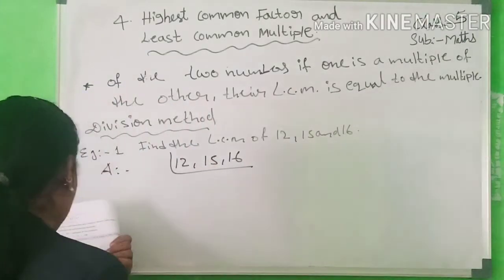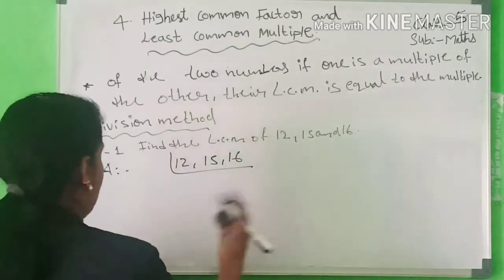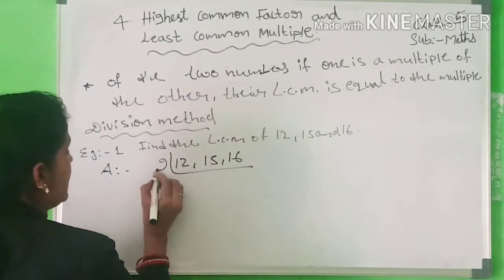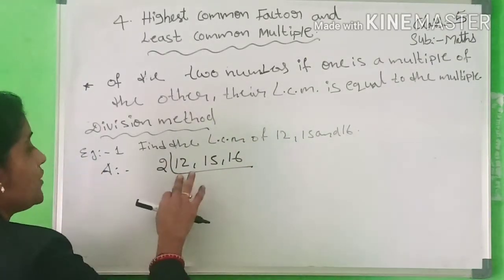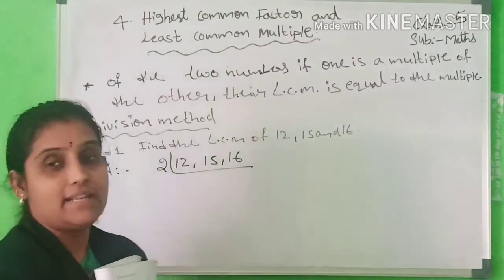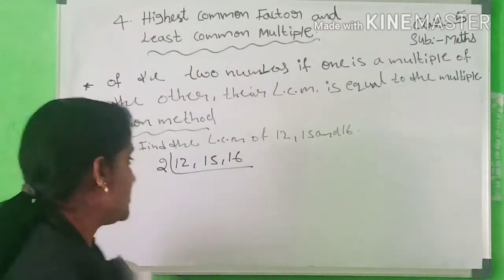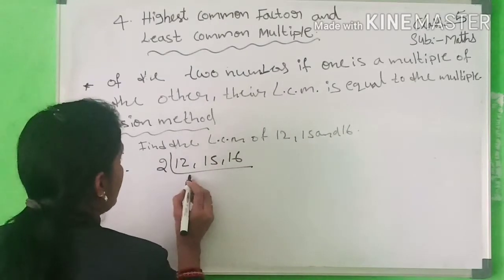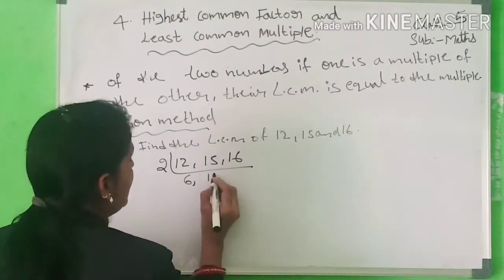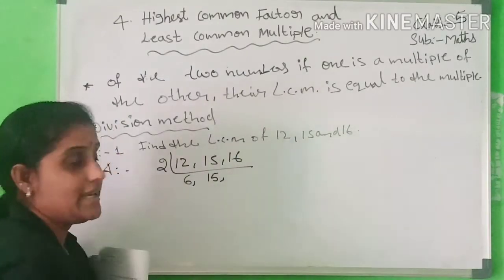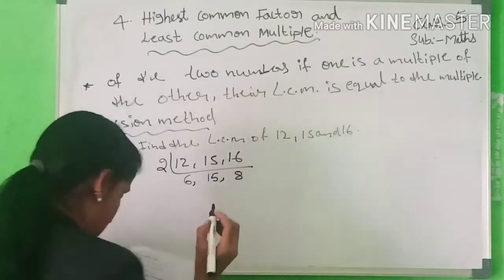Now divide the numbers by 2 or 3. I am taking 2 here. Divide 12 and 16 by 2. 2 6s are 12. You have to write 15 like that. Next, 2 8s are 16.